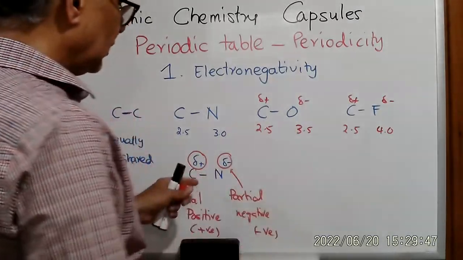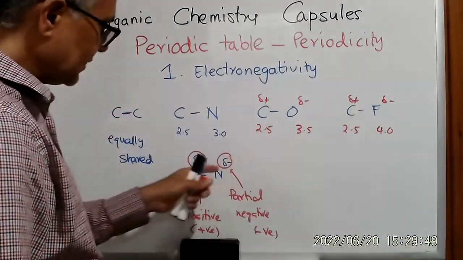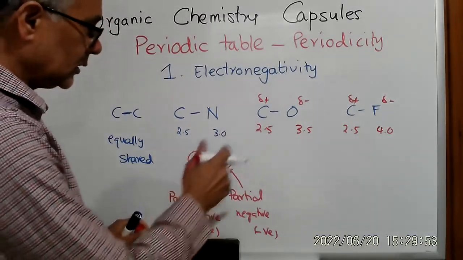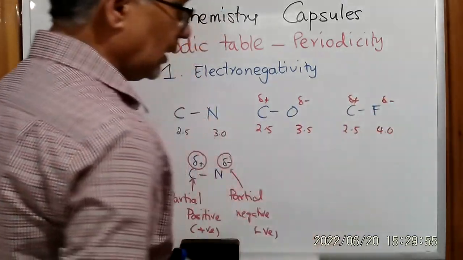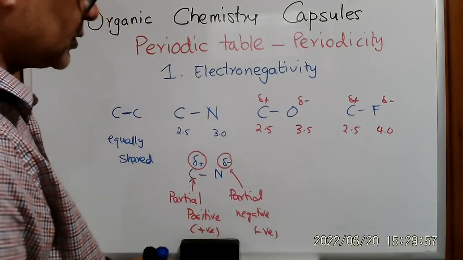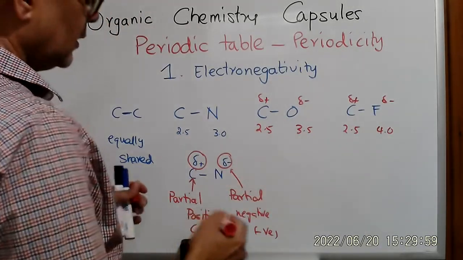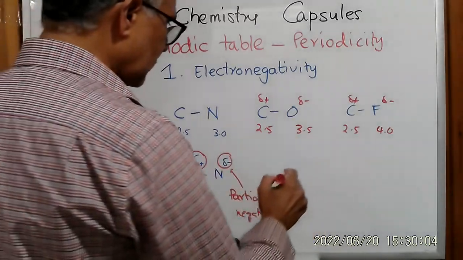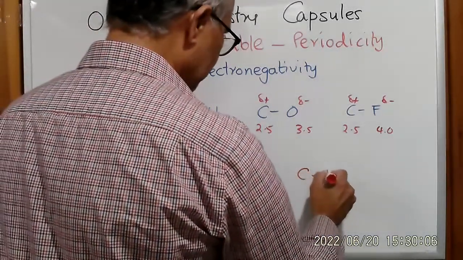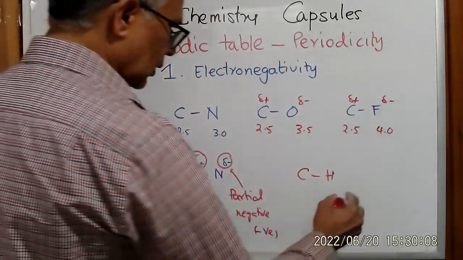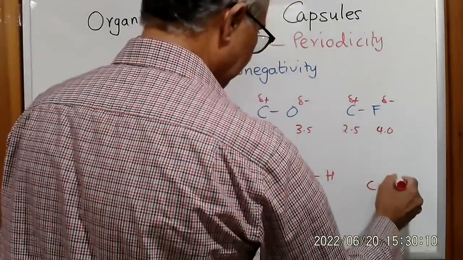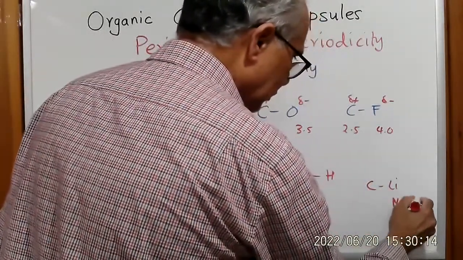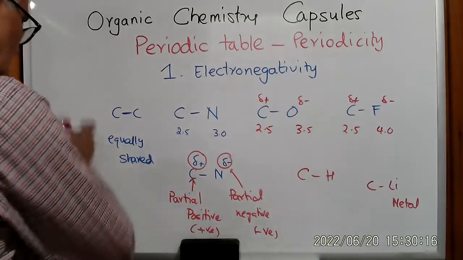But you see, in these three cases, carbon has a partial positive charge, and the other element, nitrogen, oxygen, or fluorine, has a partial negative charge. Now, extending this further, if you have a carbon-lithium bond, lithium is a metal.